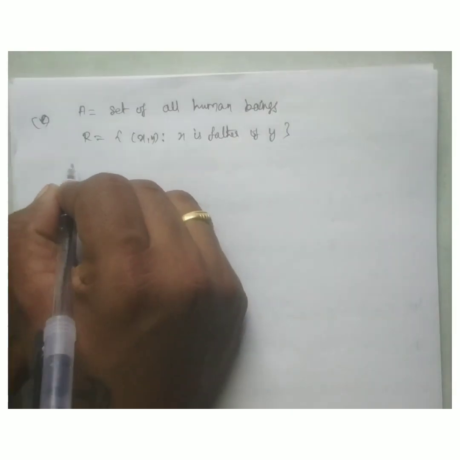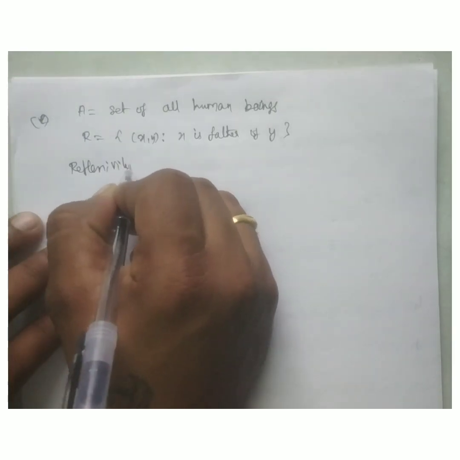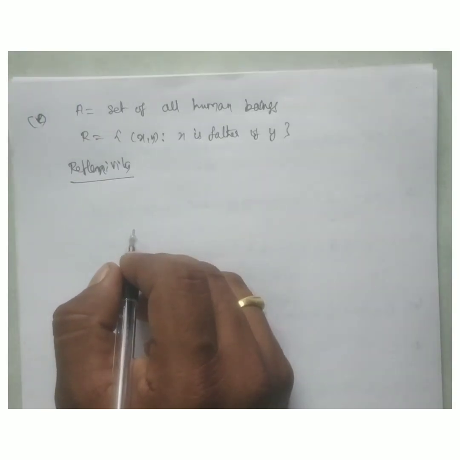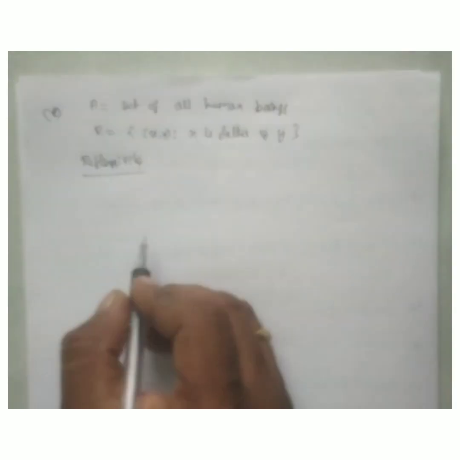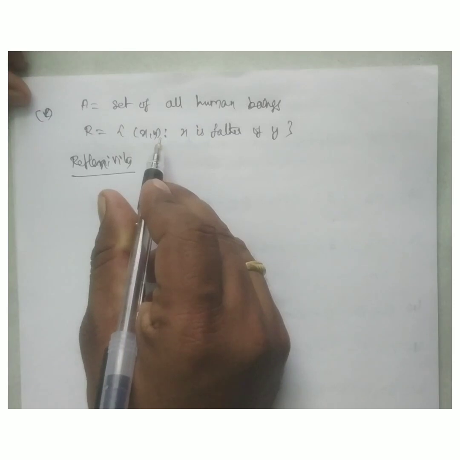So first we will check the reflexivity. Reflexive means (X, X) should belong to R for all X in the set A. Clear? So we have to check whether (X, X) belongs to the relation or not.